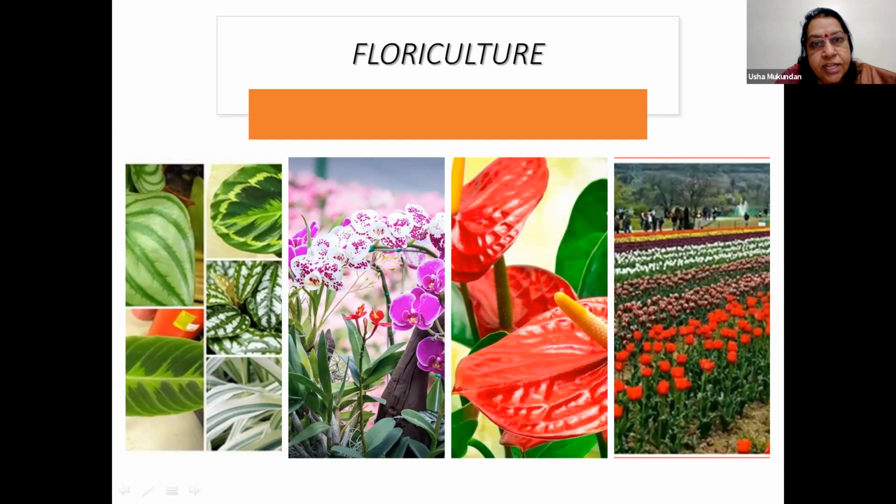We then go about subculturing them, we mass propagate them. Once they are mass propagated, we can return the bottles back to that company so that they can take it up for hardening and for field transfer. Or we can establish an entire floriculture industry using these plants, especially, for example, tulips.